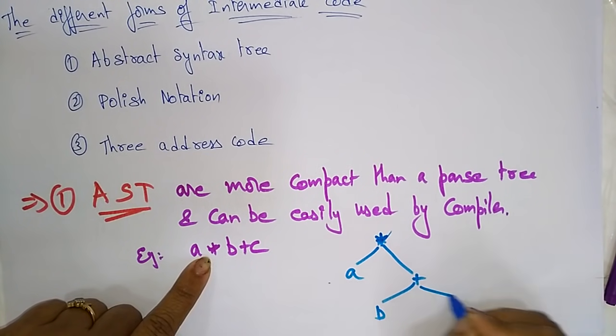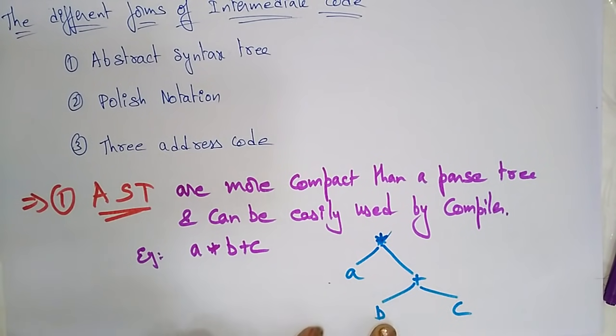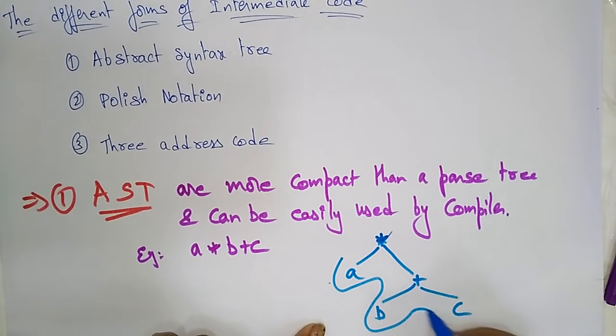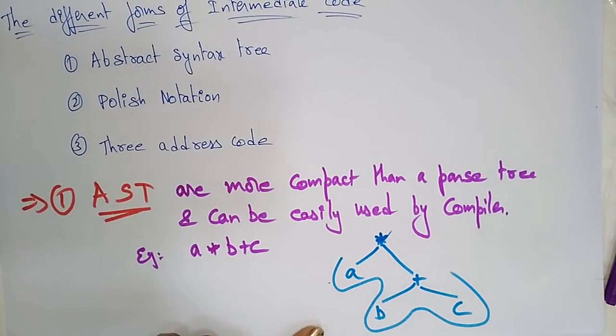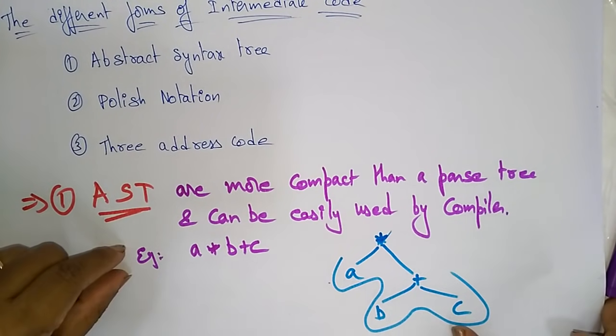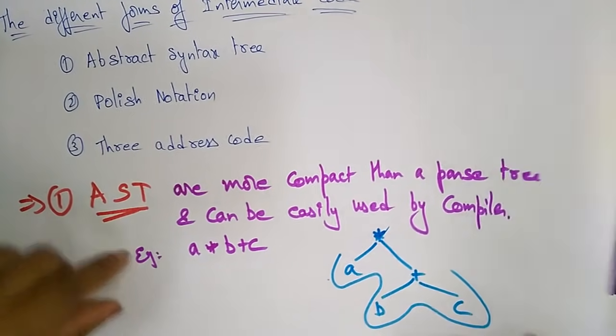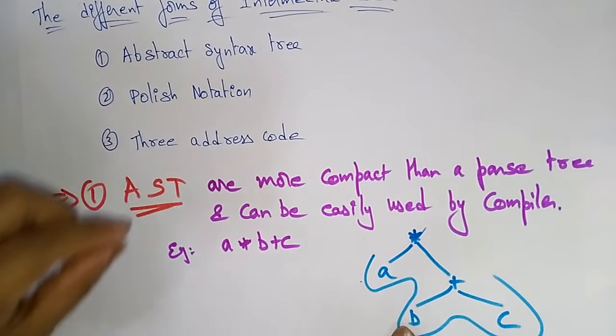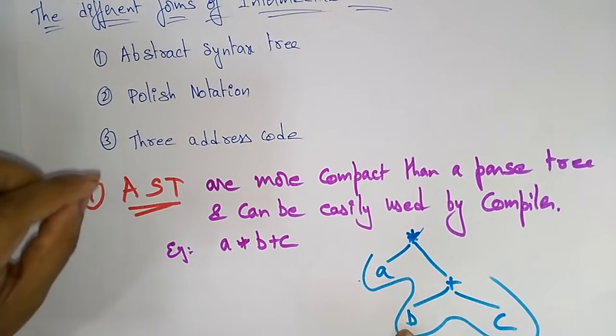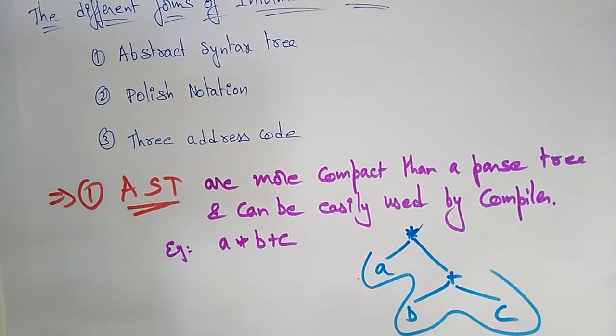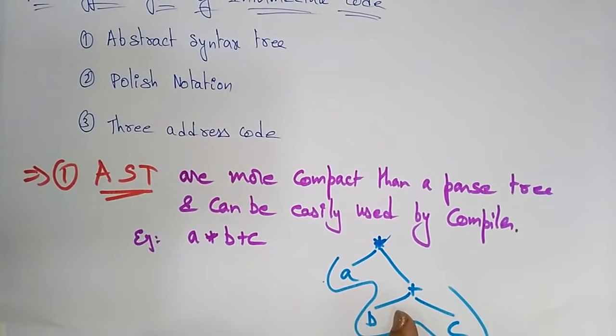So this is a representation of a tree, that is a parse tree. So this abstract syntax tree can be represented differently, and I want to make an abstract tree because abstract trees are more compact than the parse tree.